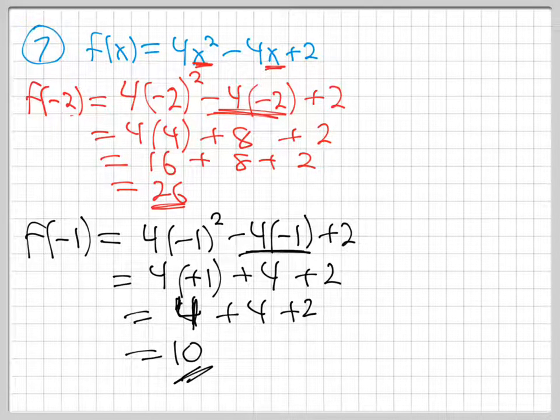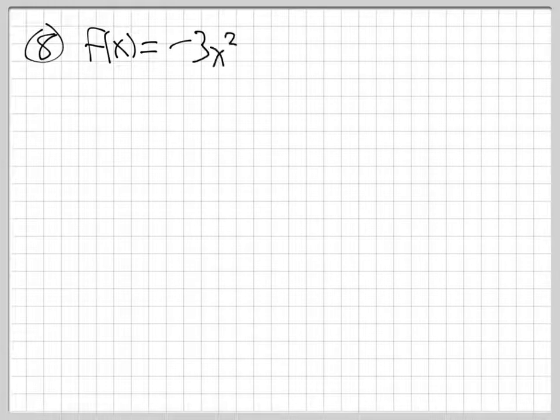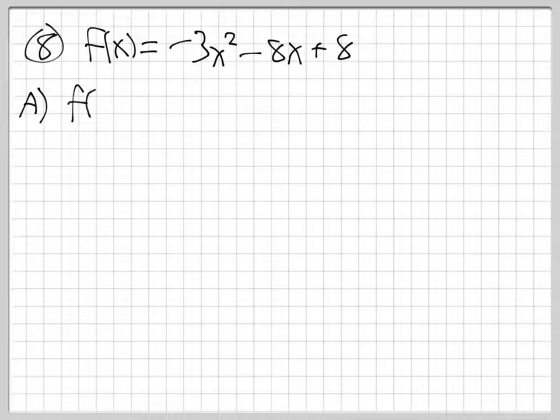I'm going to move on to number 8. They're going to give us f of x is negative 3x squared minus 8x plus 8. And they're going to ask us in part A to figure out f of negative 4 plus f of 4.